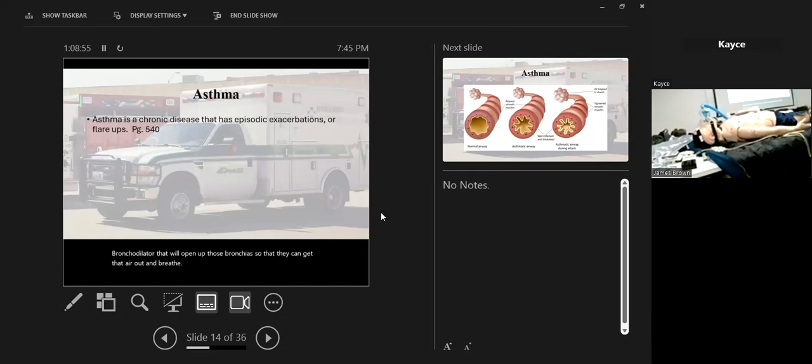A characteristic is wheezing sounds. You'll see these people really trying to push that air out, but it just won't be coming out. And it can be deadly. We've had a couple people here in town that have died from asthma. That does happen.